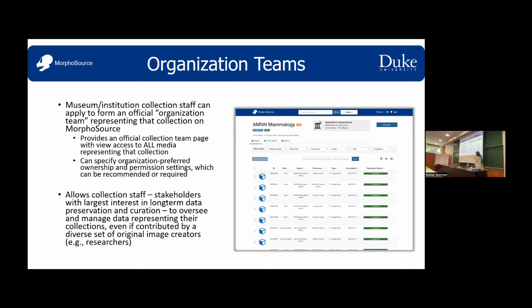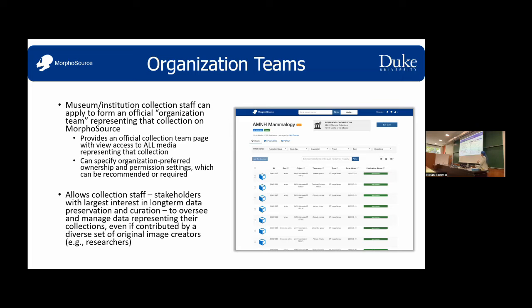So we have a feature called organizational teams, where curators, collection managers, and collection staff can sign up for a MorphoSource account and say, I am the official representative of my ichthyology collection. When they do that, it opens up bonus features, hidden features in the site, where that collection staff can see in one place where all of the stuff from their collection that is on MorphoSource is. Even if it's private, even if I wouldn't be able to see it otherwise, I can still see that it exists.